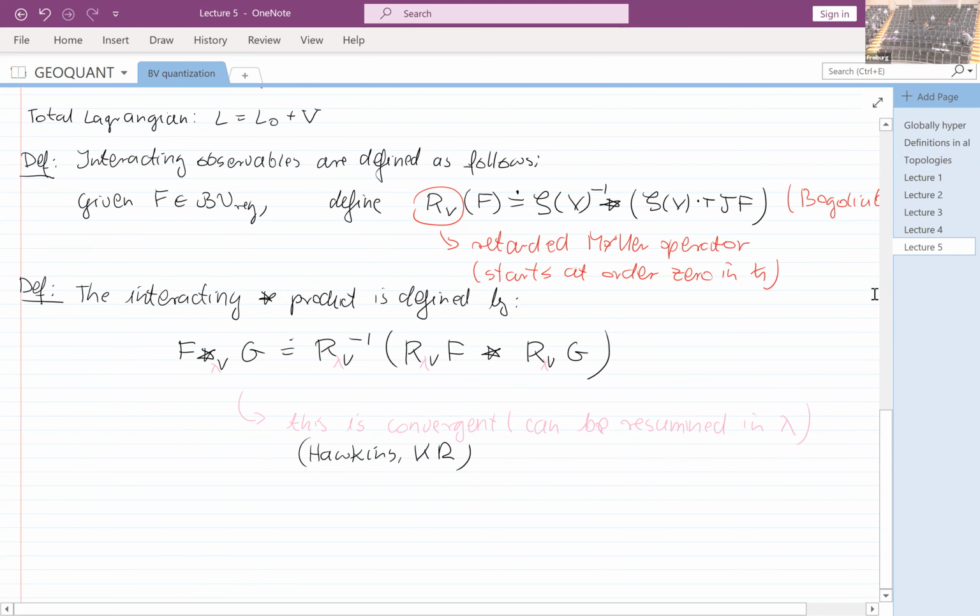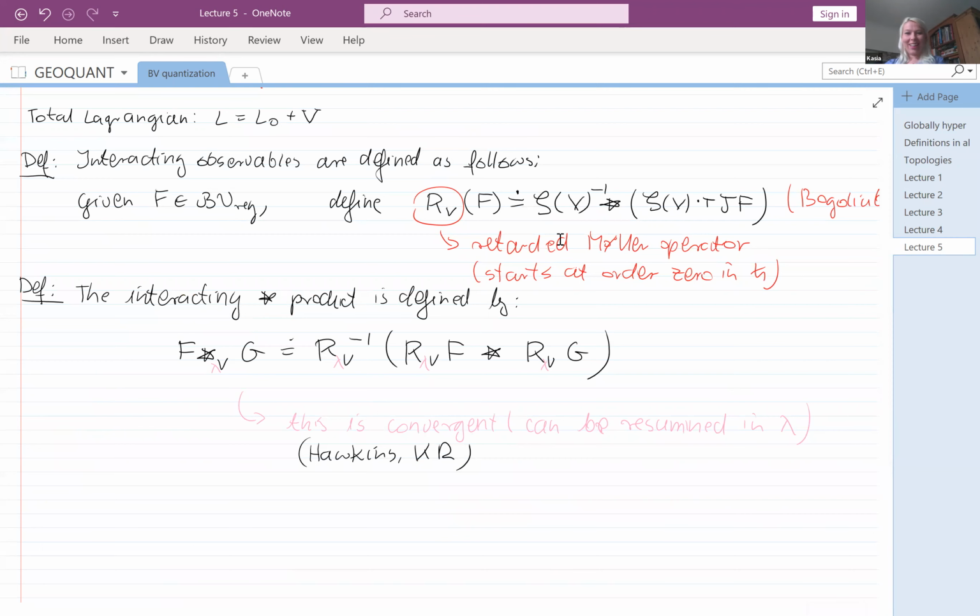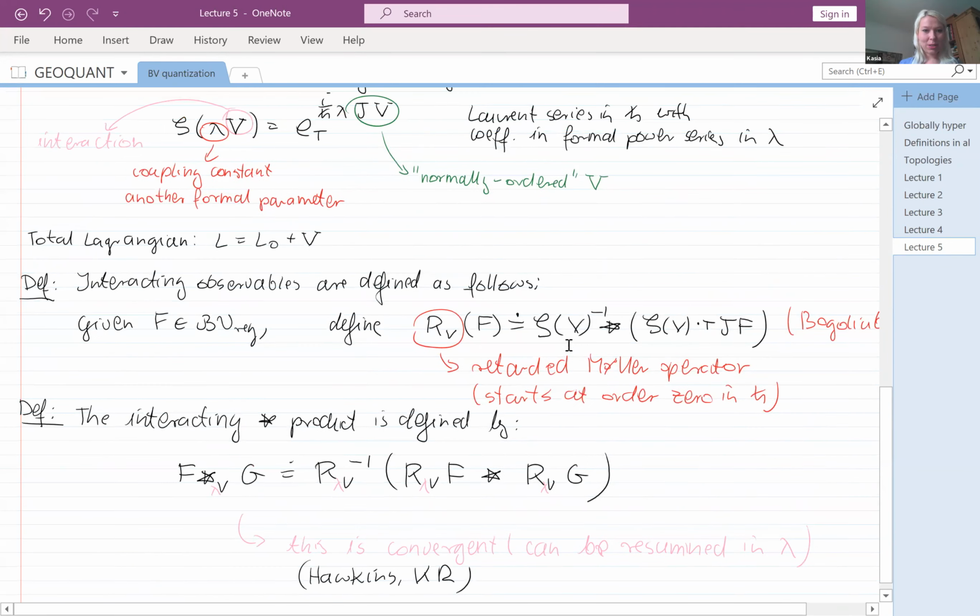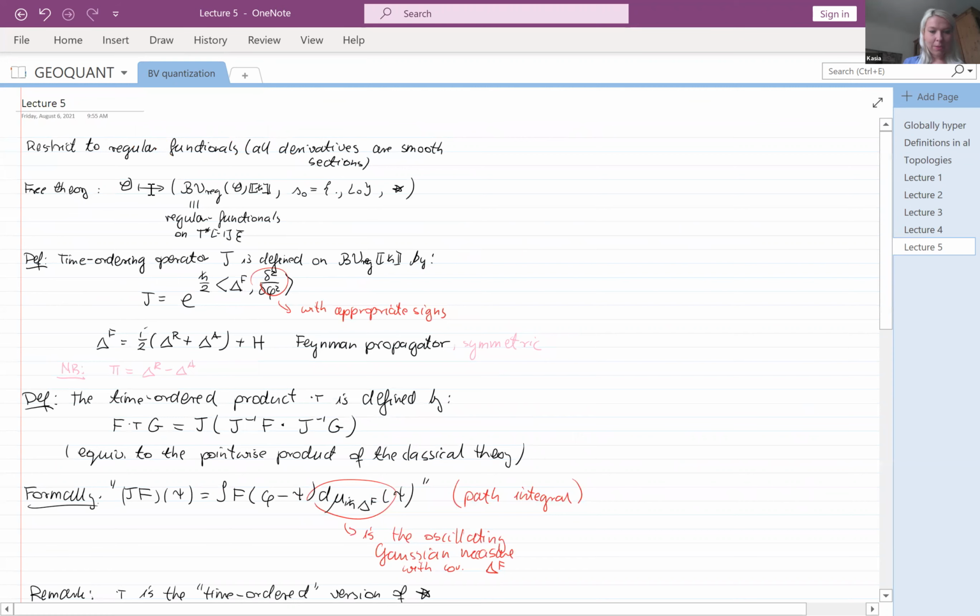Maybe one question. So far everything is local. Yes. Well, no, sorry, not really. So these regular functionals are in general not local.